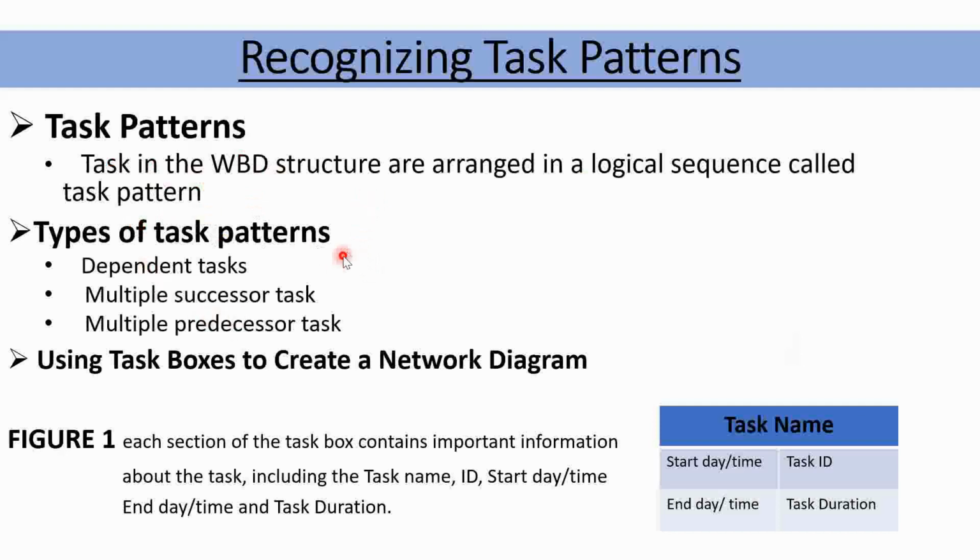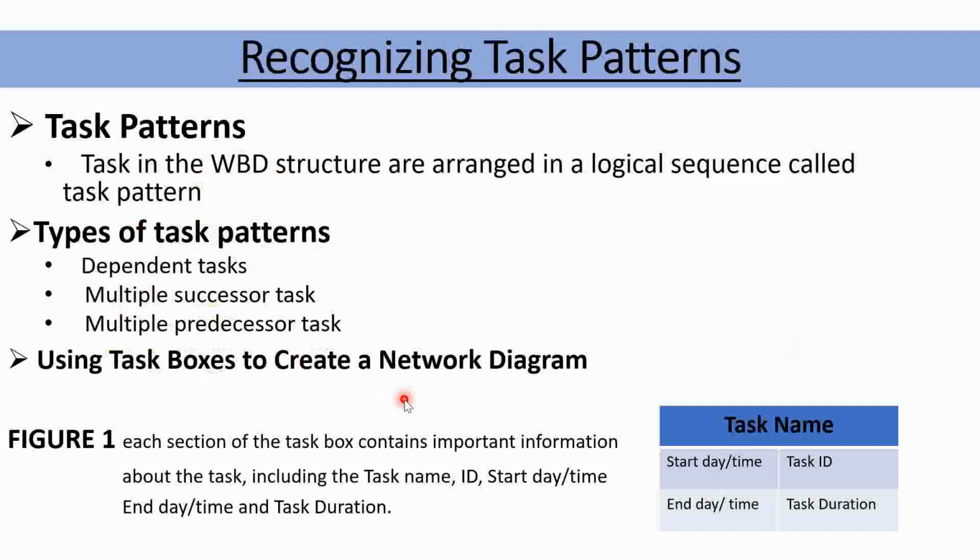So there are 3 types of task patterns. The first one is dependent task, the second one is multiple successor task, the third one is multiple predecessor task, right? It's very important for you to know the difference between these 3 task patterns. I'll explain them further. Don't worry.